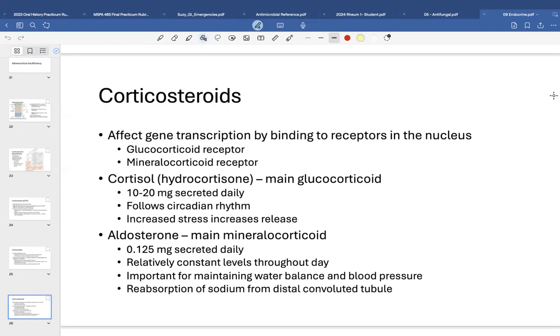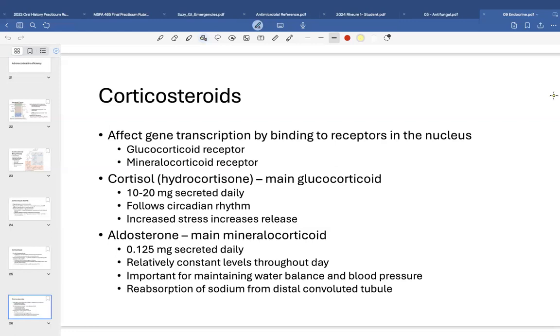Cortisol is your main glucocorticoid. Pharmaceutically, the product is called hydrocortisone. Whenever we give hydrocortisone, basically we're giving the exact analog of cortisol. It's secreted daily over the course of the day in a circadian rhythm and responds to stress at different amounts. From the mineralocorticoid side is aldosterone.